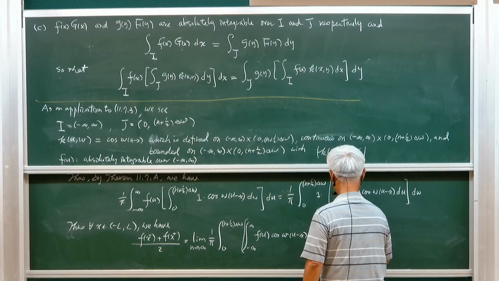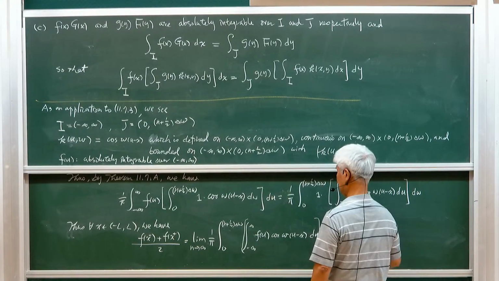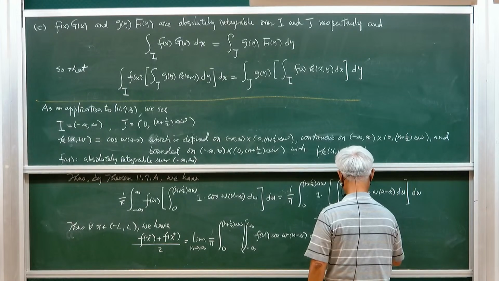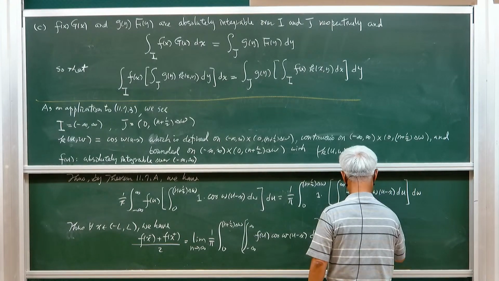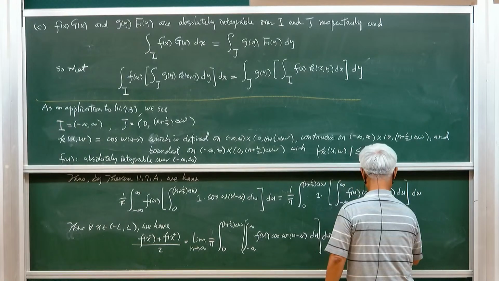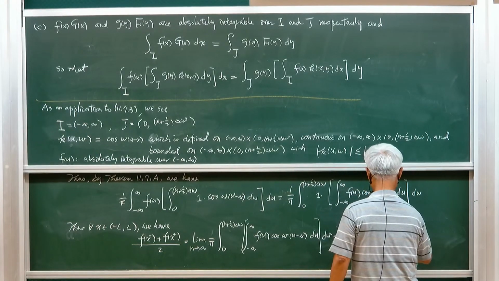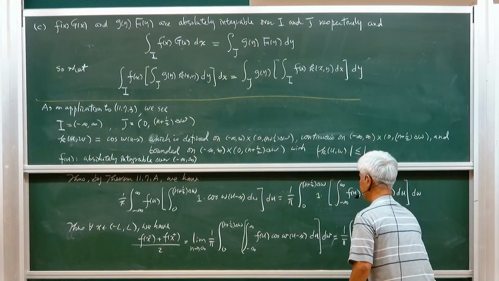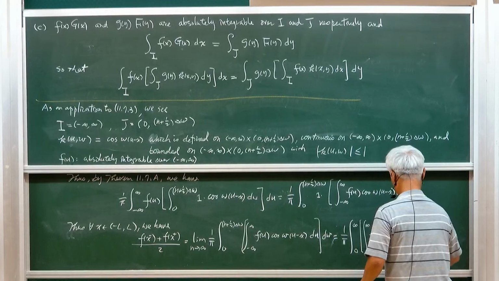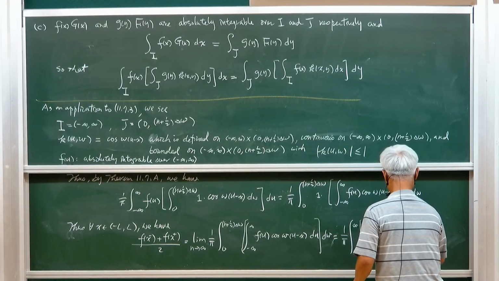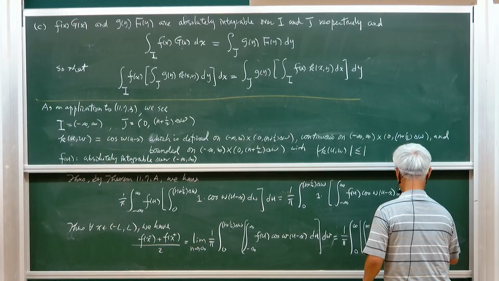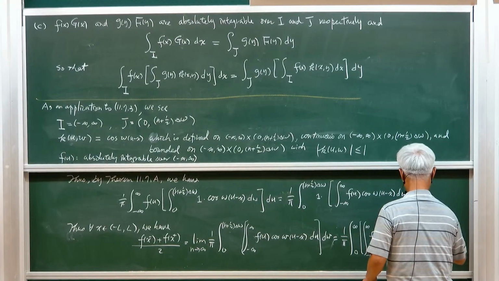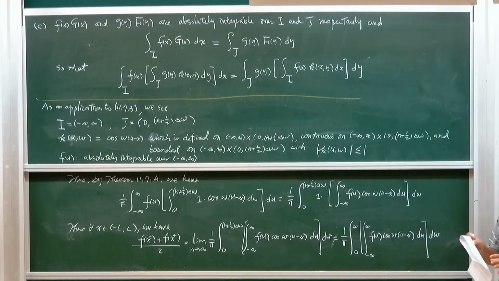So this goes to the integral from 0 to infinity of f of u cosine of omega times u minus x, du and d omega.